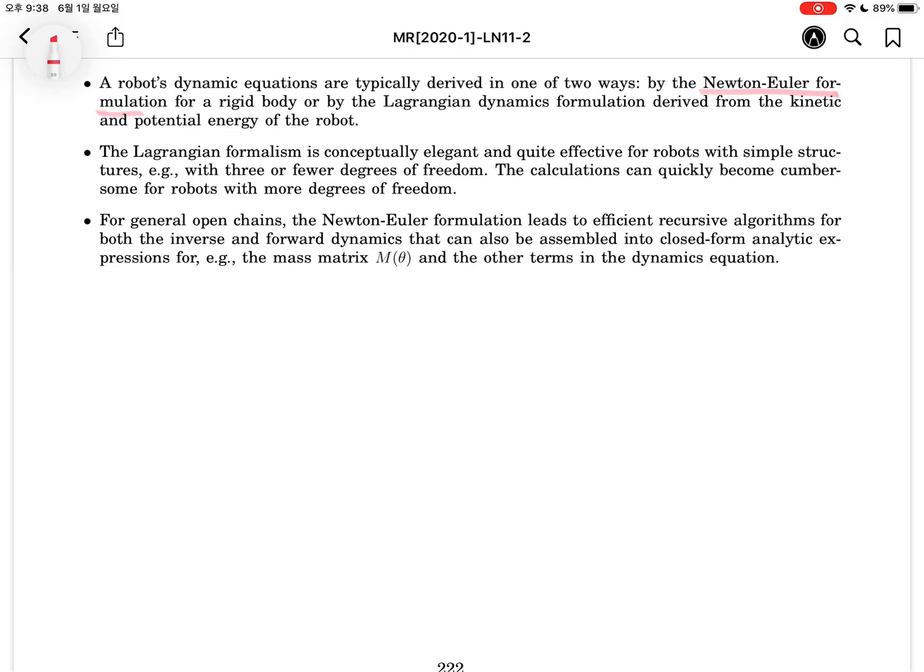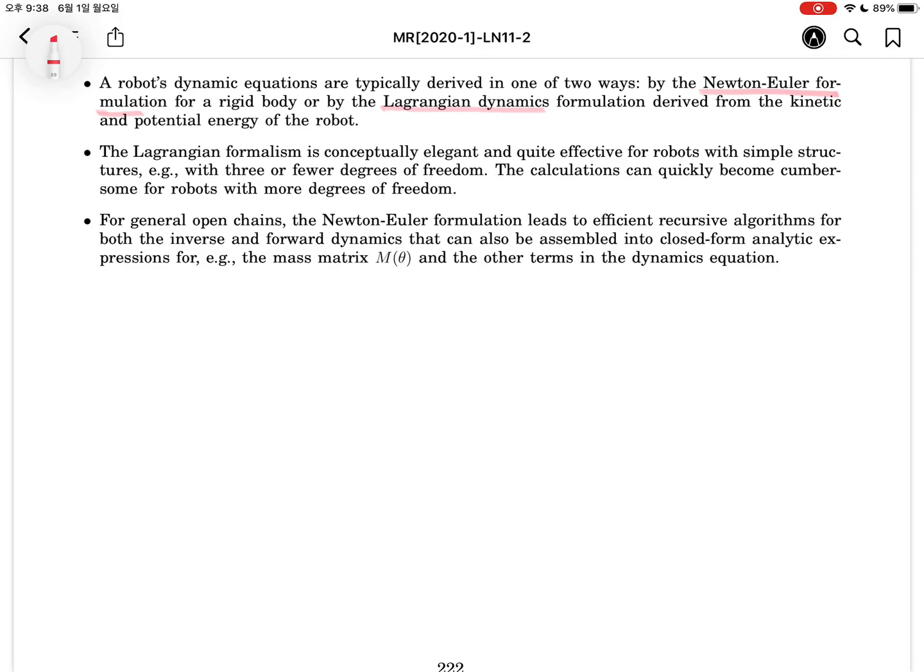Both concepts are combined into the Newton-Euler formulation. On the other hand, if we want to use the energy concept to derive the equation of motion, then Lagrangian dynamics can be used. We will talk about both methods in this lecture.